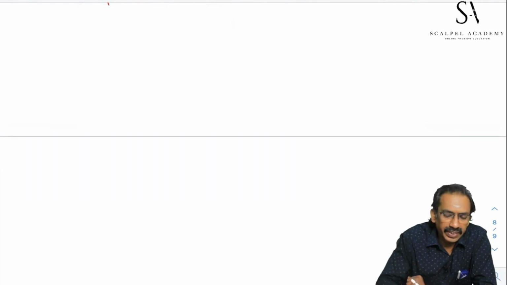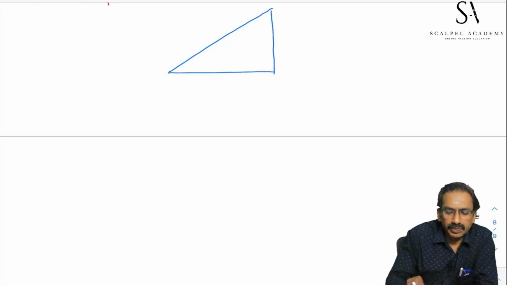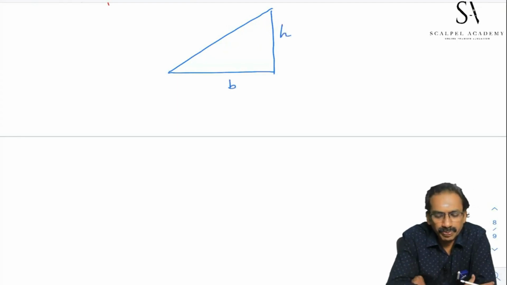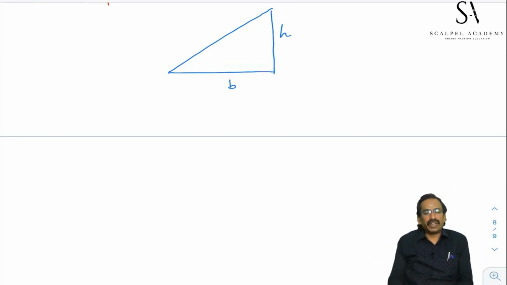Shall I take a right angle triangle? This is the right angle. Base is b, height is h. Now, I have to divide this triangle into a number of elements.